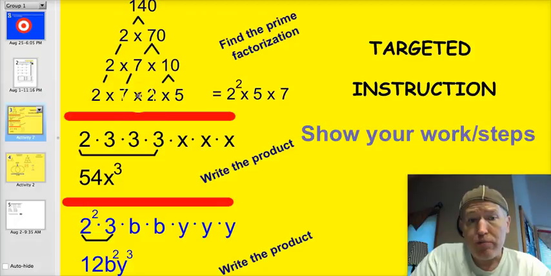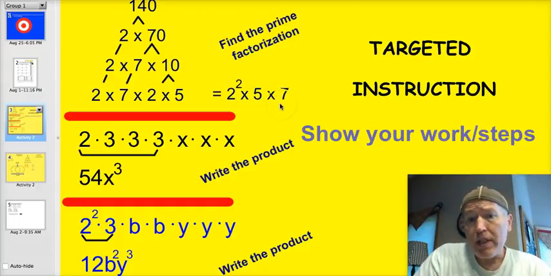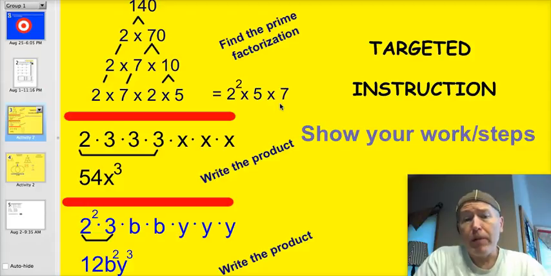Now I have this string of primes, 2 times 7 times 2 times 5, and that equals 140. I can combine those 2's and put it in exponential form, and I can say it's 2 squared times 5 times 7, and that makes sense because 2 squared is 4, times 5 is 20, and 20 times 7, of course, is 140.